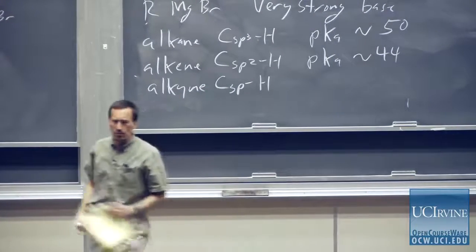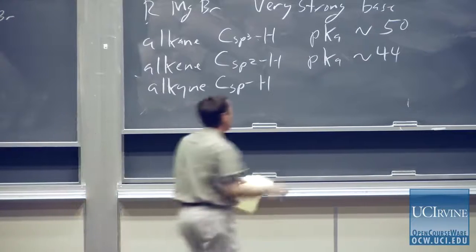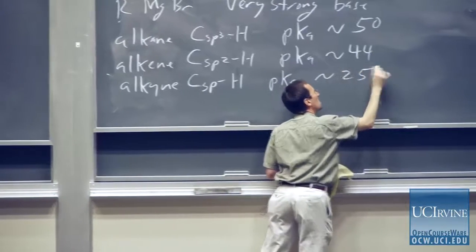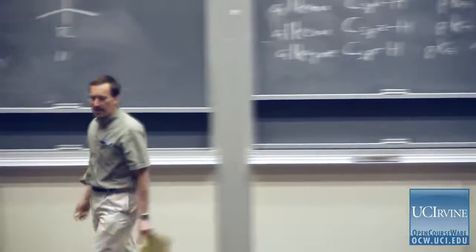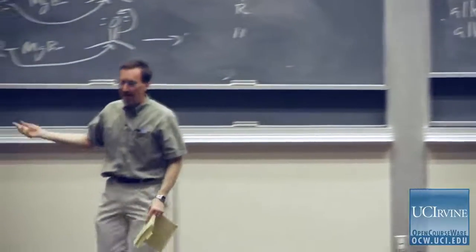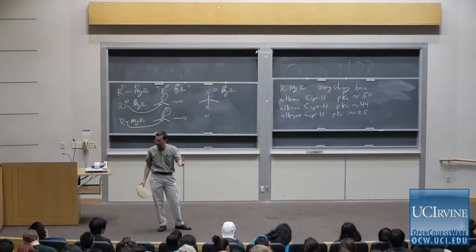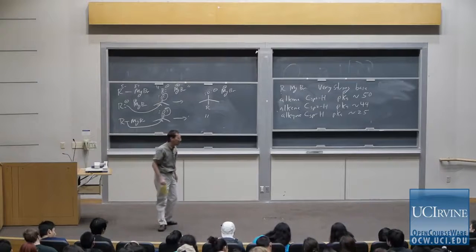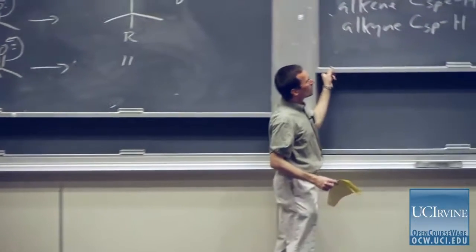And now these are reasonably acidic. They're still very weak acids. Your pKa is only 25. That's really, really weak still. It's not even like water, which you think about as an acid forming hydroxide anion, or an alcohol giving up a proton and forming an alkoxide anion. And yet our pKa is about 25.